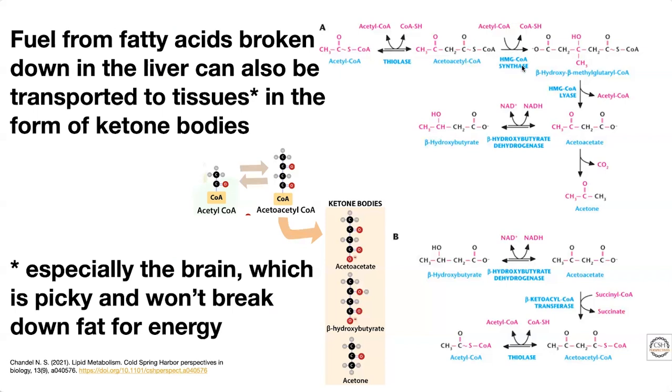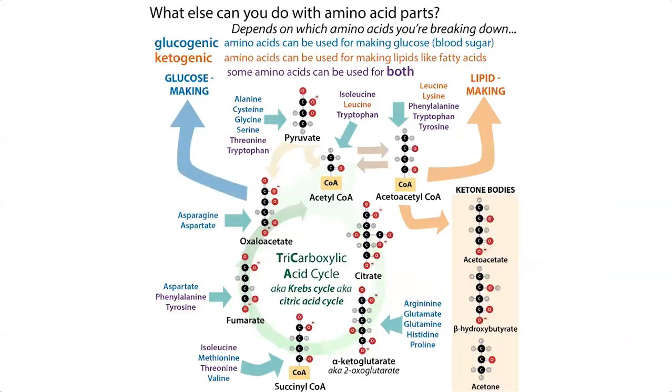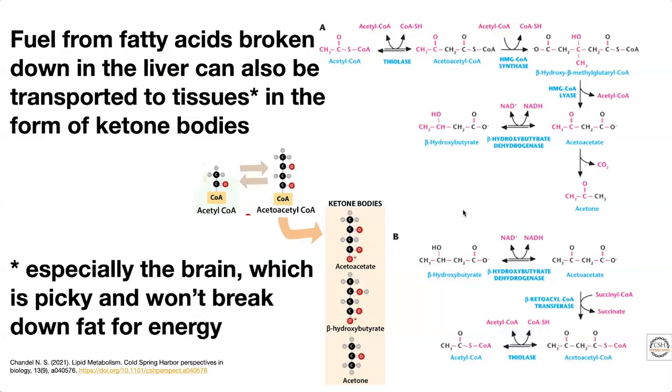So HMG-CoA synthase is actually a target of statin medications for controlling blood cholesterol. But it's also an important step here for producing these ketone bodies. These ketone bodies can then be transported from the liver to tissues like the brain, for the brain to use them, assuming that it still has enough tricarboxylic acid cycle components to do so.